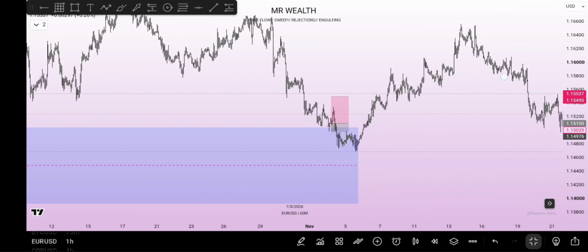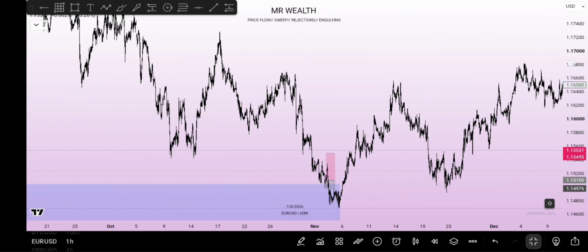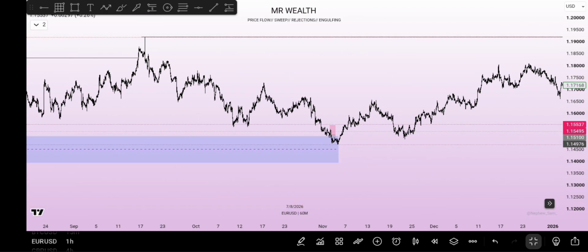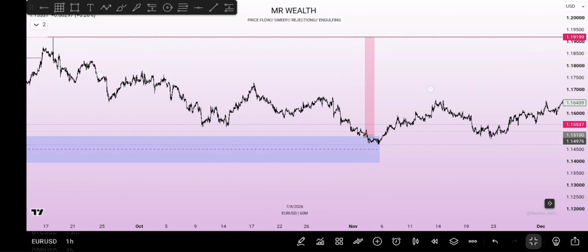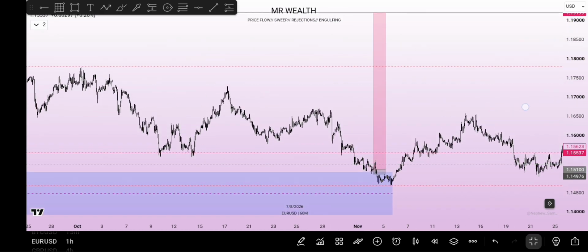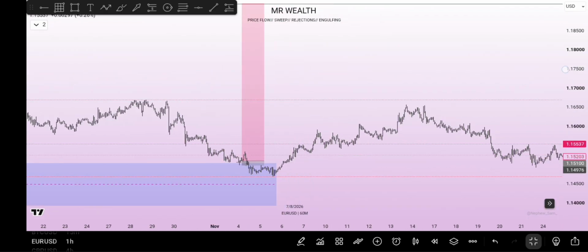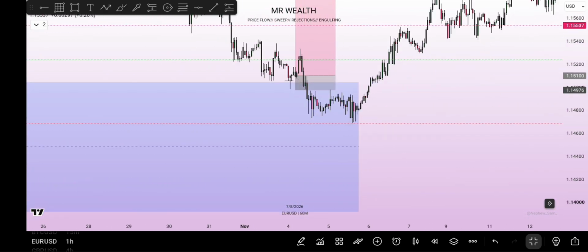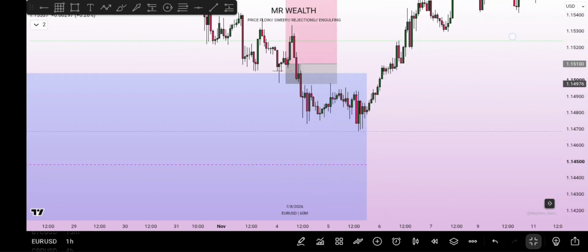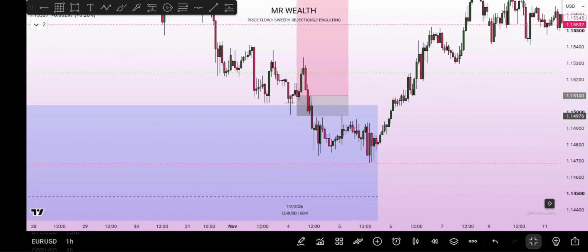You just have to be able to detach yourself from the trade. If you're targeting the swing high, your first trial ended up as a loss.